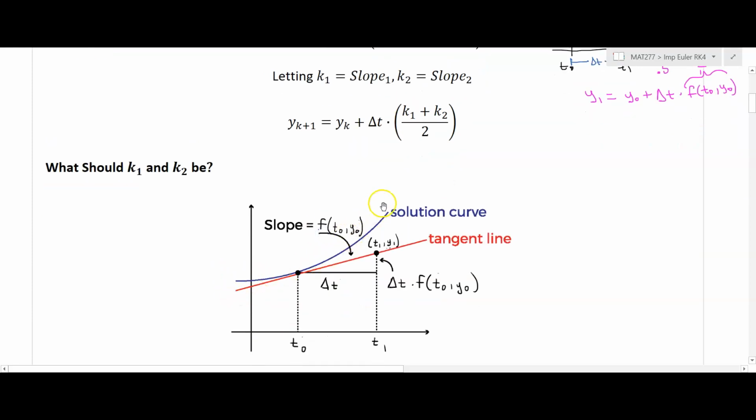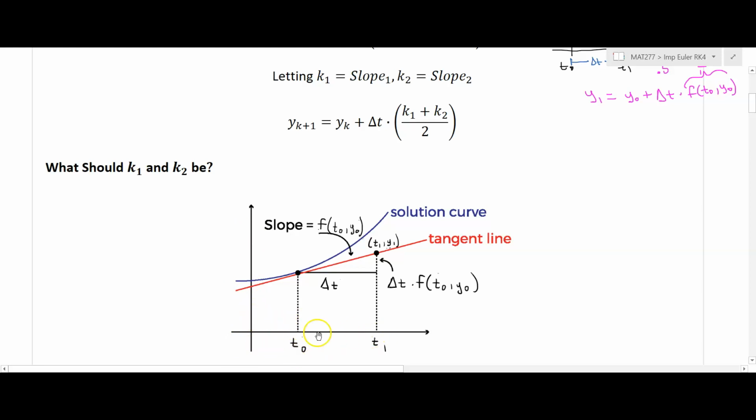So here's the actual solution curve. Now, if you take the derivative of the solution function, you get the differential equation that you started with. And so if that's the case, we're going to use the slope at our t0 value. Notice that t0 in this example is not shown as having to start at the y-axis.